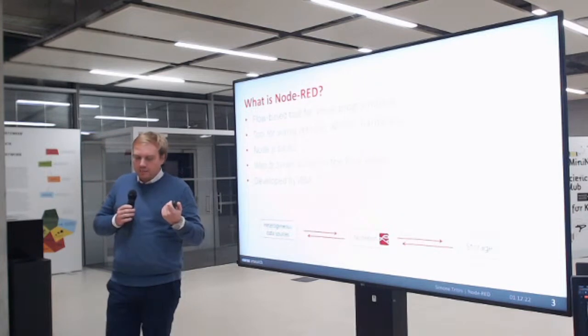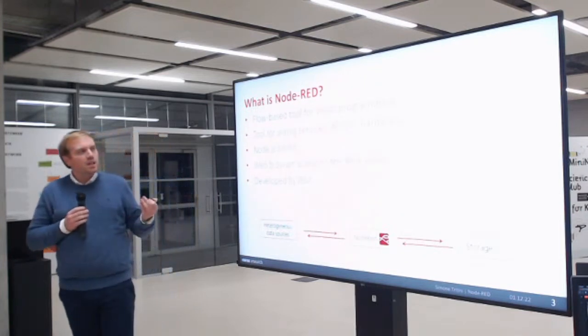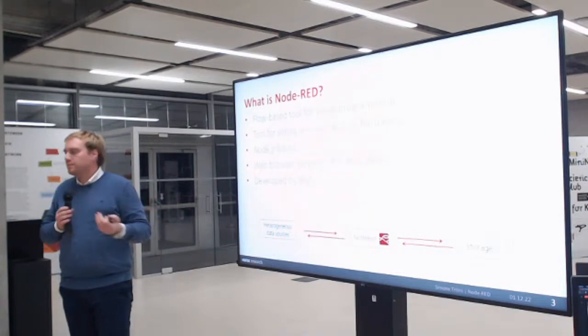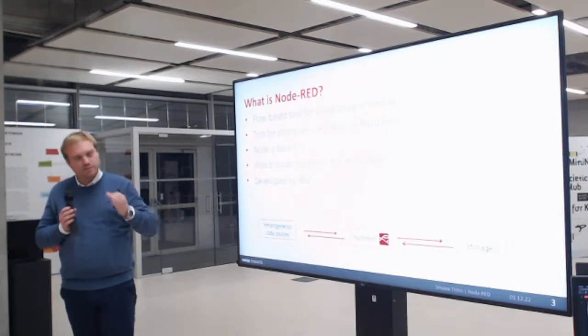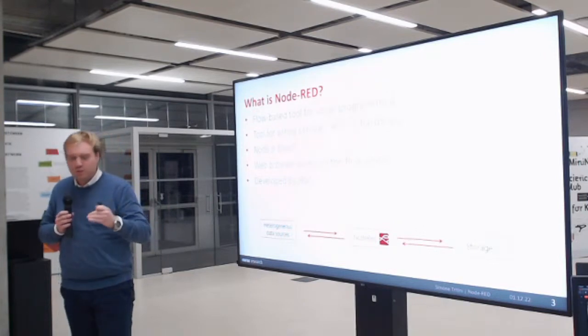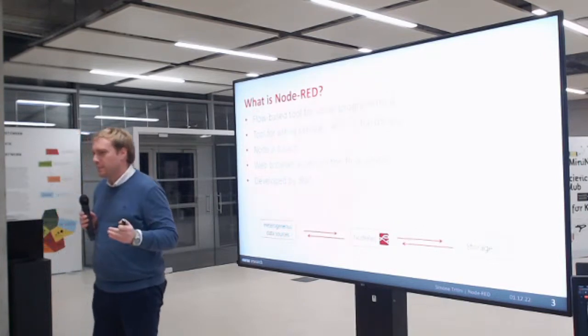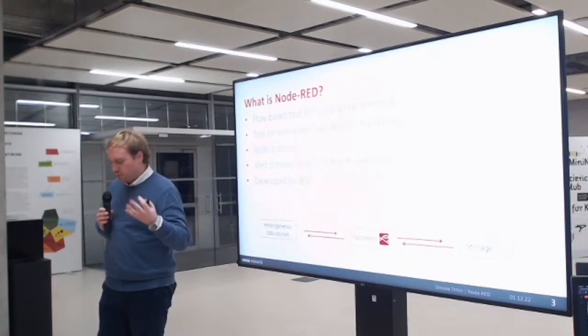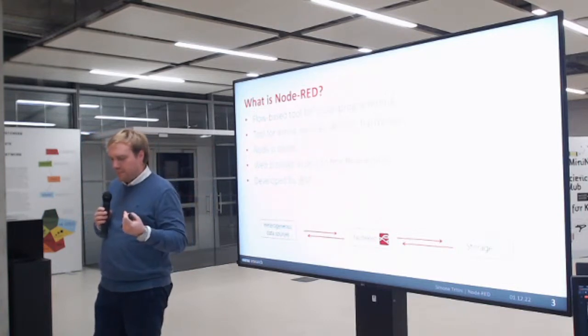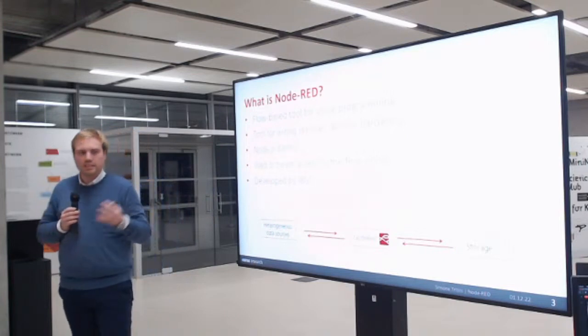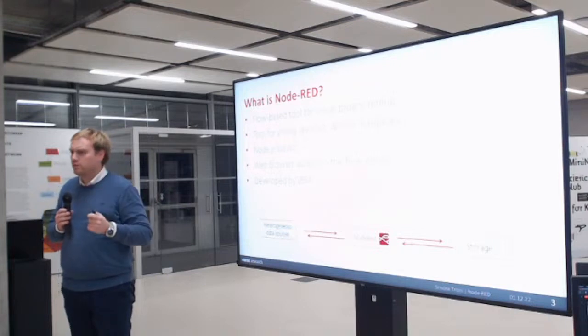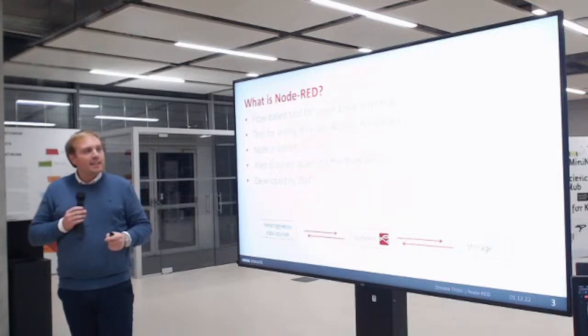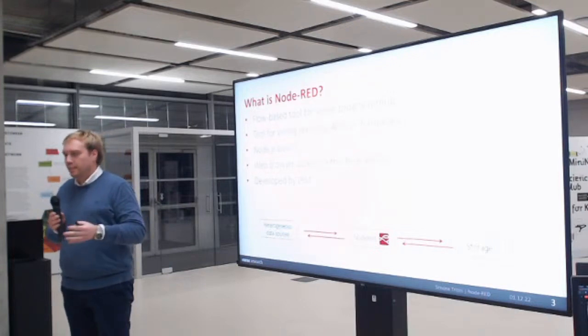It is a tool based on a flow that uses flow-based programming. This flow-based programming is a programming technique invented in the 70s by a computer scientist, John Paul Morrison, and is a really simple technique.